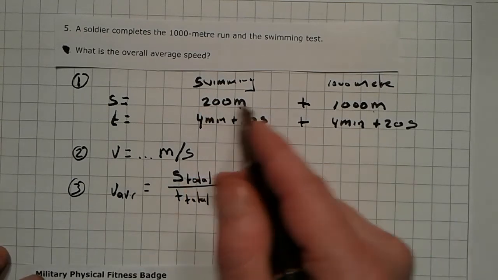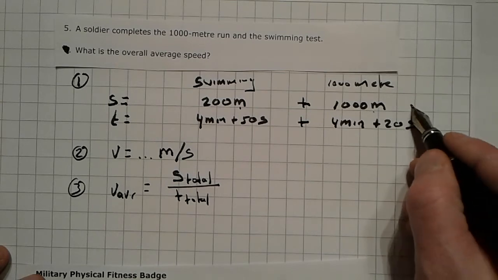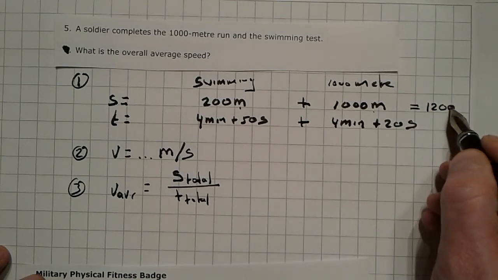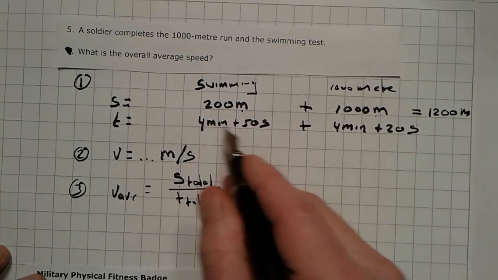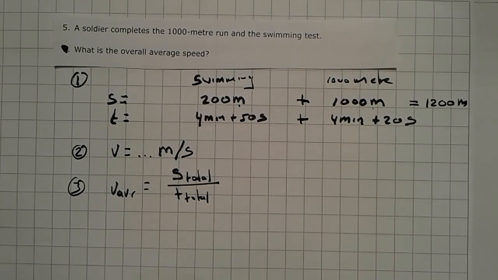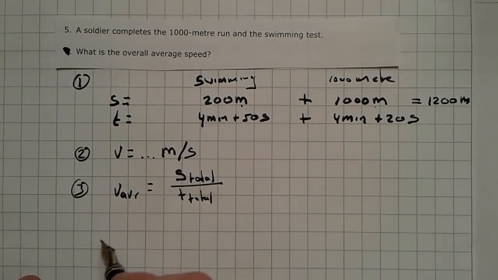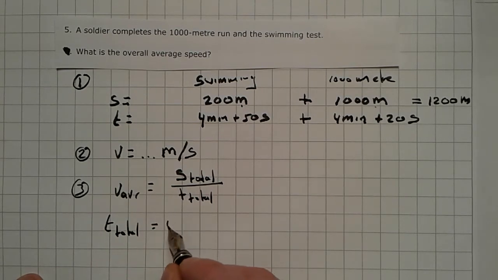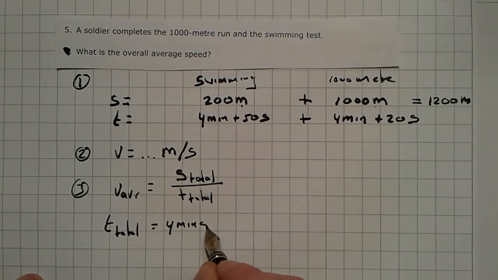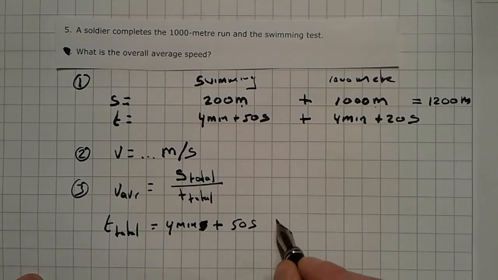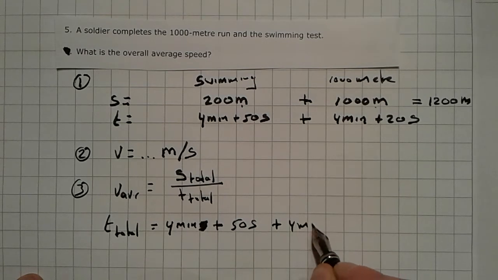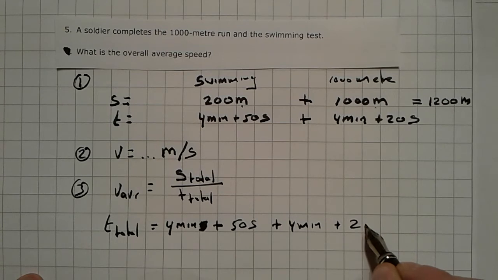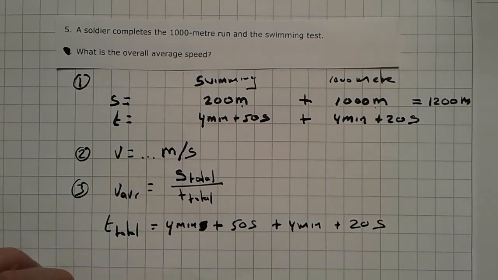So this will be simple. It's just 1200 meters, but for the time it's going to be a bit more annoying. So T total is 4 minutes plus 50 seconds plus 4 minutes plus 20 seconds.